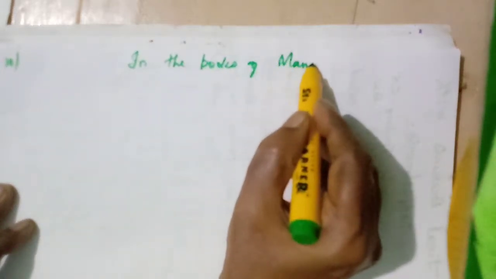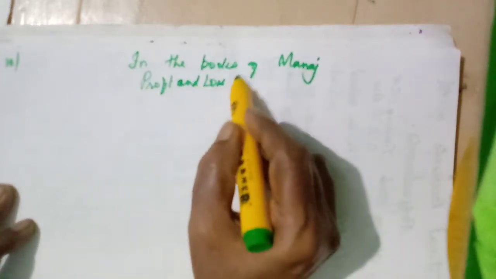In the books of Manoj, first we should write the number of the problem. Exercise number 10, in the books of Manoj. What they have asked: prepare profit and loss account.